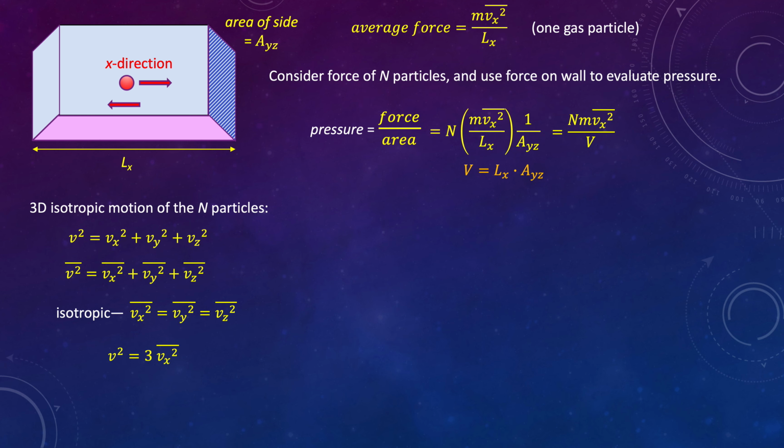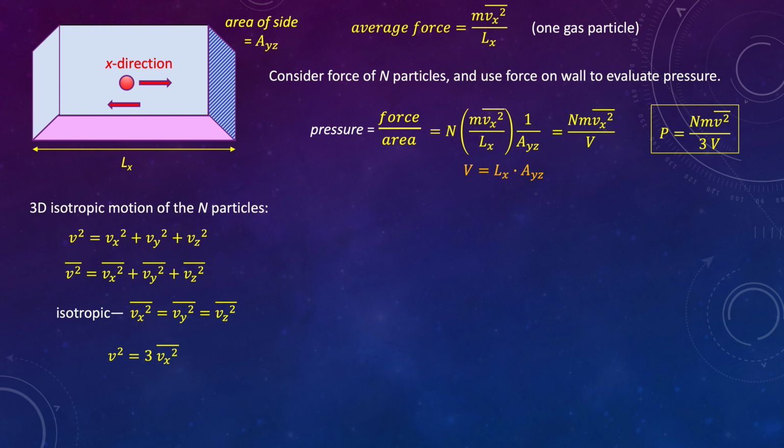So now we have a way of using this to substitute the total velocity squared for v sub x squared in our expression for the pressure. So now when I write my pressure, instead of writing Vx squared, I'm going to write it as V squared over 3. So now my pressure is the total number of particles times the mass times the velocity squared, the average value, divided by 3 times volume.